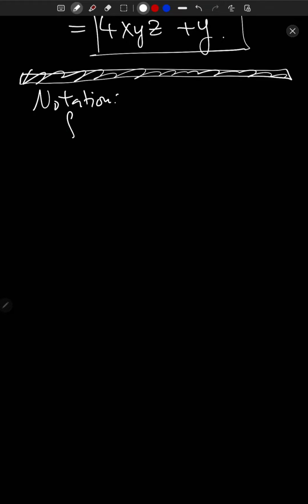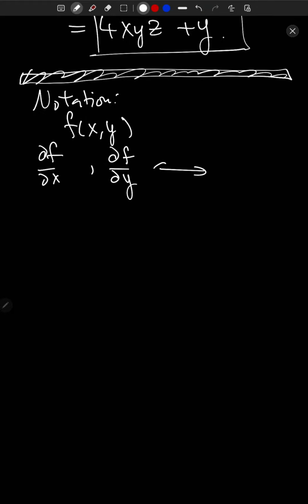So if we have, again, let me just do the 2-variable situation, f of x comma y. I already said we can do df dx, df dy. So this is kind of like the Leibniz notation, equivalent to df dt for a 1-variable function. Let me use t for a 1-variable function, so if I had f of t on the 1-variable calculus side. Of course we know in 1-variable calculus we can talk about f prime.